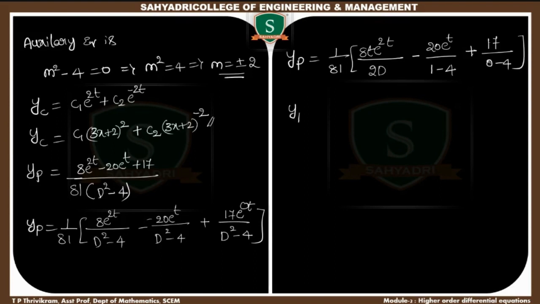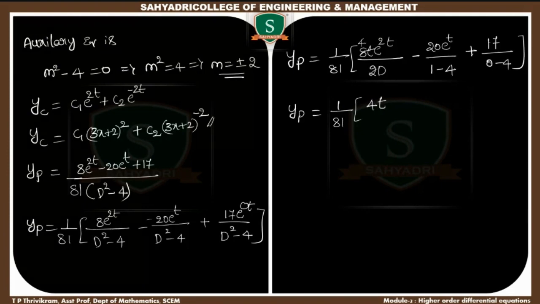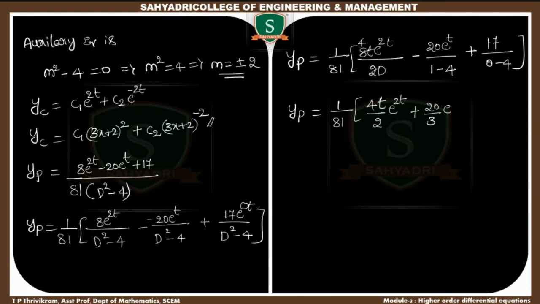So therefore yp is equal to 1 by 81. So 2 ones, 2 fours. So 4t divided by, in the place of d you need to substitute t, 2, right? So divided by 2 e power 2t minus of minus will get plus 20 by 3 e power t plus 17 by 4, sorry, minus 17 by 4.